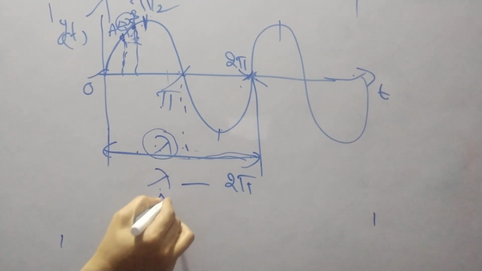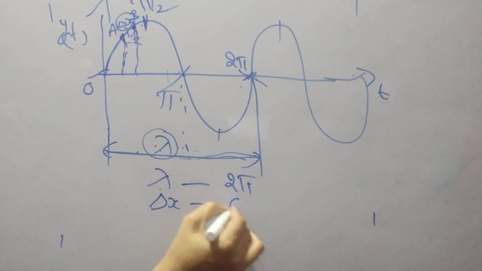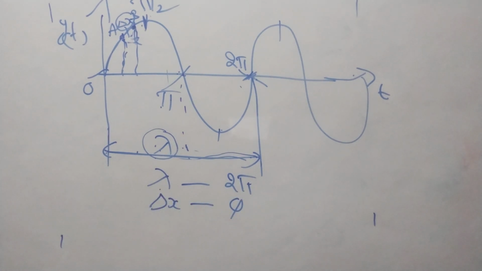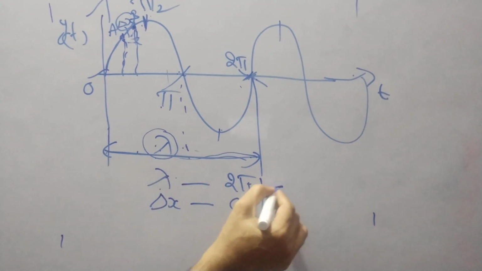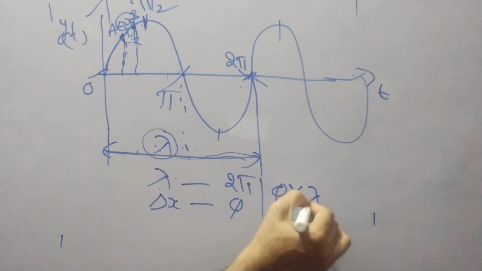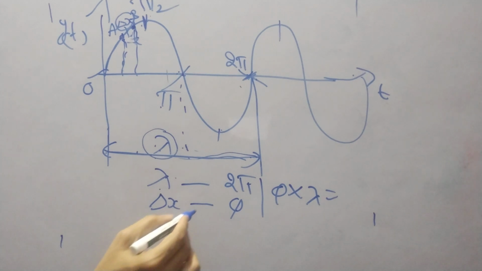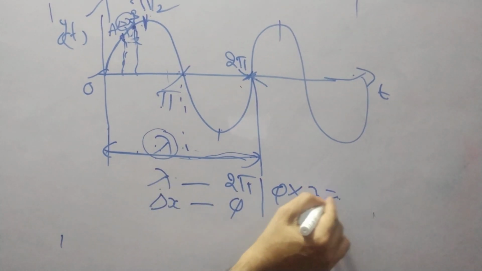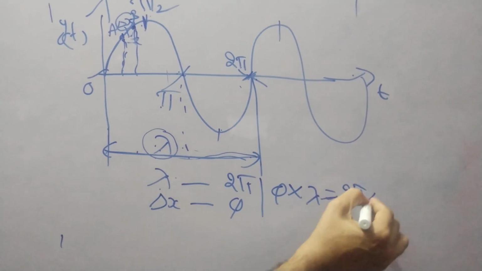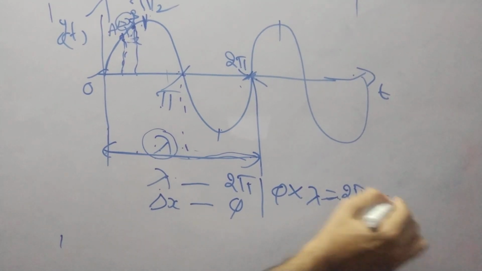I want it for delta x. If you cross multiply, phi into lambda equals 2 pi into delta x.